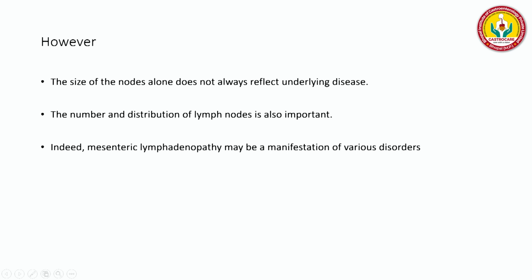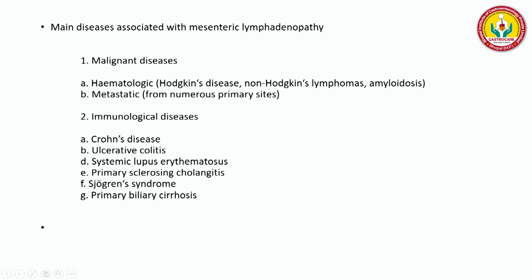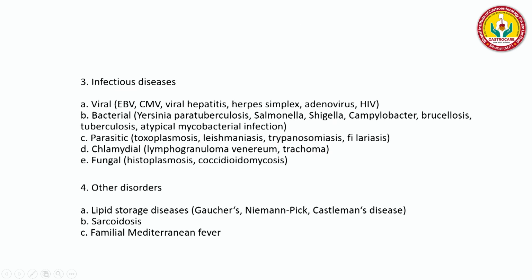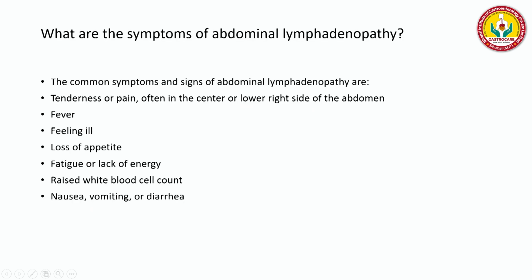However, it is not only the size, there are other things. The number and the distribution are also important. The causes, the important etiologies leading to mesenteric lymph nodes, are enumerated here. Most important are hematologic, metastatic, and some of these immunological diseases. Infectious diseases include viral, tuberculosis, parasitic, and some of these lipid storage diseases in children that can lead to mesenteric lymphadenitis.